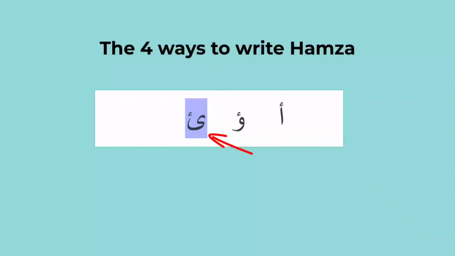So Hamza has different chairs depending on what is in front of her. And sometimes Hamza feels strong and she doesn't need any chair. So there are many spelling rules for writing Hamza that slowly we will learn. You do not have to worry.